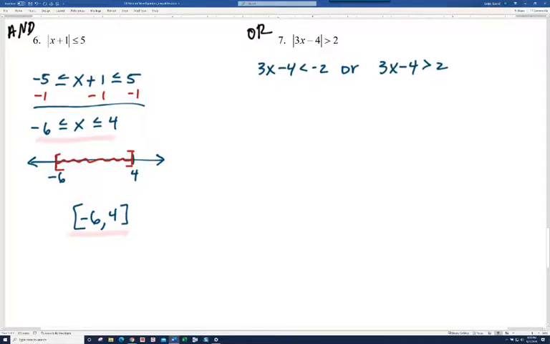Now, the most important thing is that you can do that step. Basically, I want to show you what's going on here. I'm going to make a number line up here. And we've got -2 and +2. And let me get a different color to shade here. So basically, you have this side over here and this side over here, where the distance from 0 to 3x minus 4 is greater than 2.